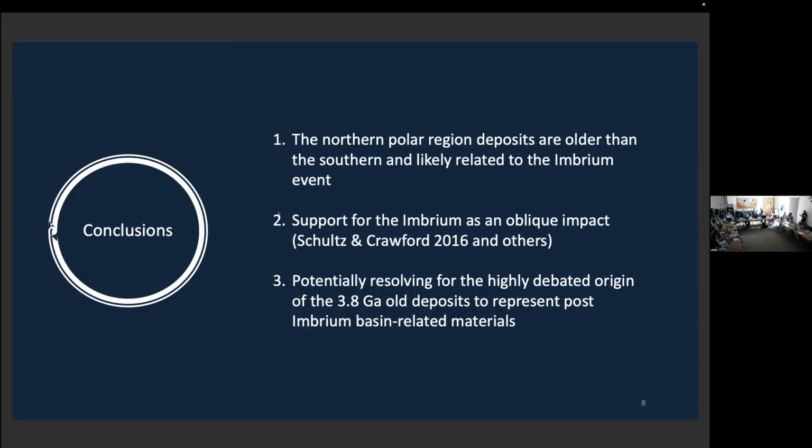So it is clear that the North Pole from this work is older than the South Pole. Points number 2 and 3, I have taken from the paper, assuming a 3.92 billion year age. In that case, if we also consider an oblique impact for it, like it has been hypothesized in 2016, then we would have expected most of the 3.9s in the southeast coming from the northwest, but we don't.